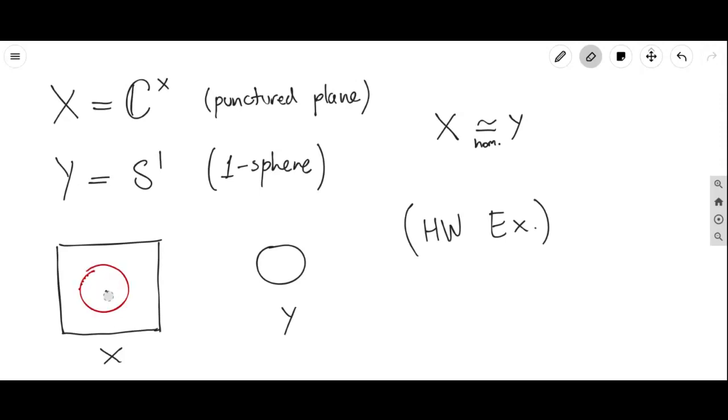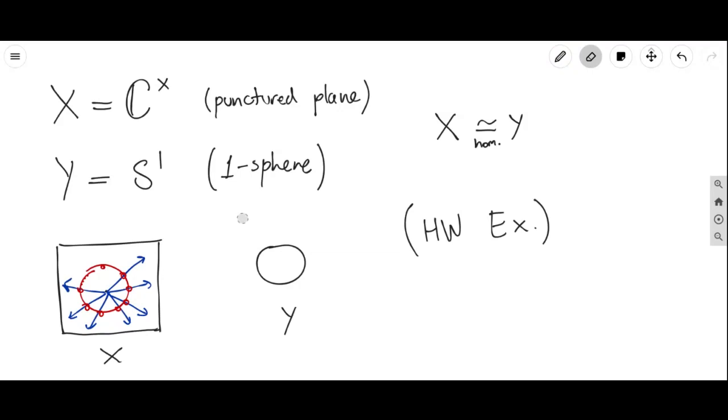And then from the origin, you can draw a ray going out to infinity. Every single point on the ray will get mapped to where it is on that circle. That's what you're doing.